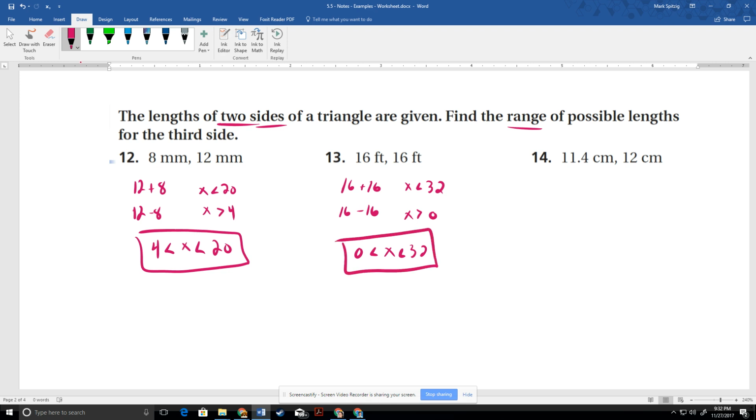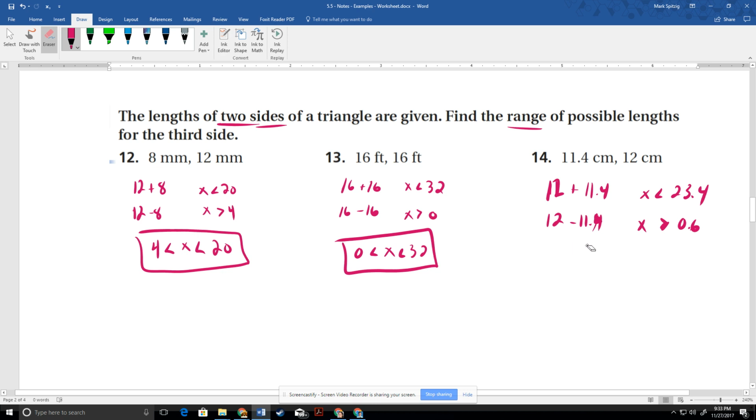We have 11.4. So I'm just going to do 12. Let's do it in this order. Plus 11.4. All right, so we know x has to be less than 23.4, and we know that 12 minus 11.4 is just 0.6. So x has to be greater than 0.6.